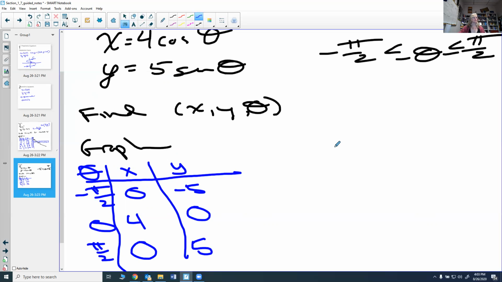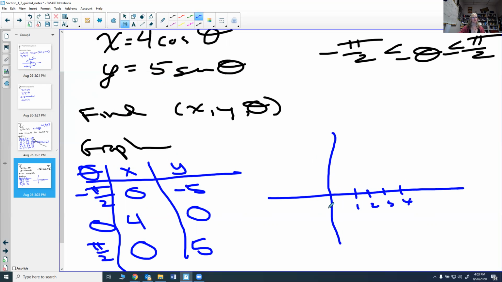And again, I'm going to go ahead and draw this. My y's go between negative 5 and 5. My x's go from 0 to 4 to 0. And then when theta is negative pi halves, I've got the point 0, negative 5.